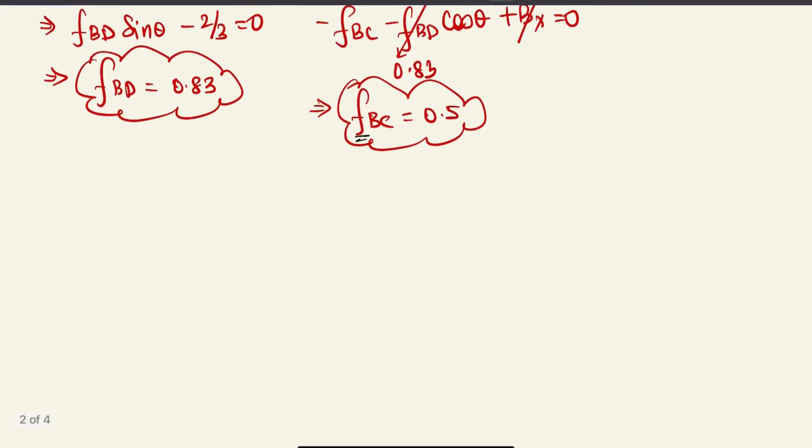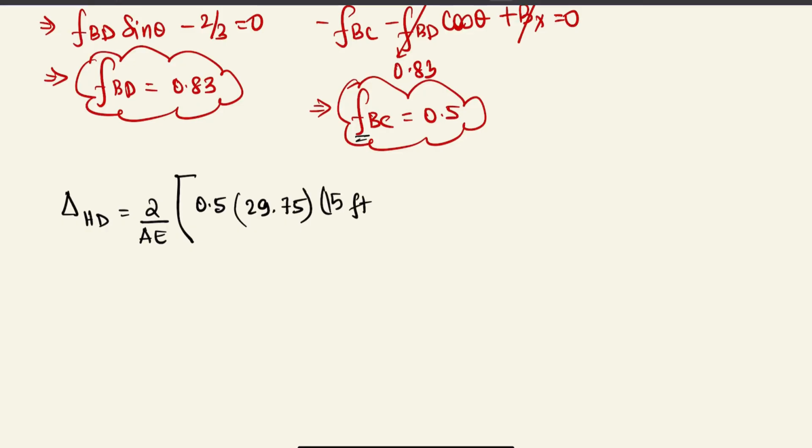Okay, so because FBC and FAC are the same, finally we can write our delta H, the final horizontal joint displacement at D, will be equal to twice 1 over AE, your f is 0.5 for BC and AC, and then the force is 75 and the length is 15 feet, plus 1 over AE, and this is for AD.